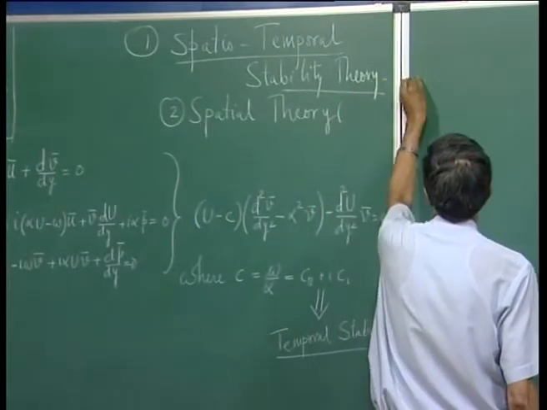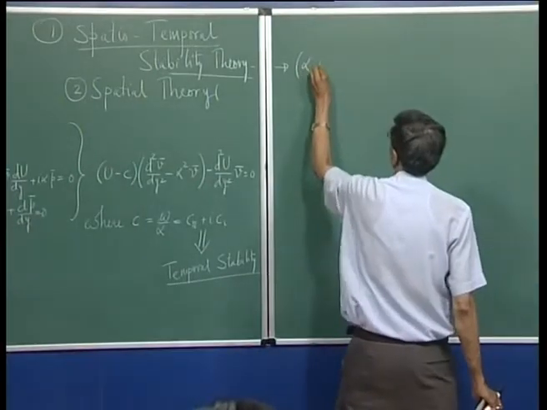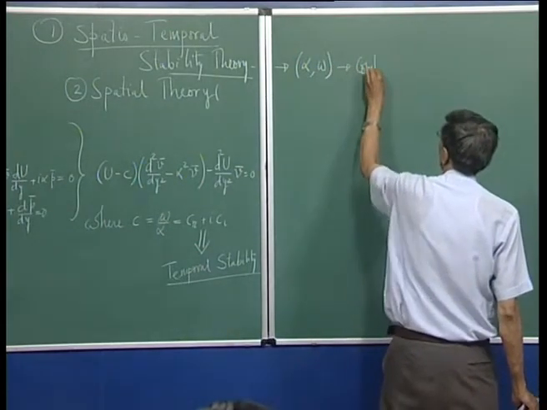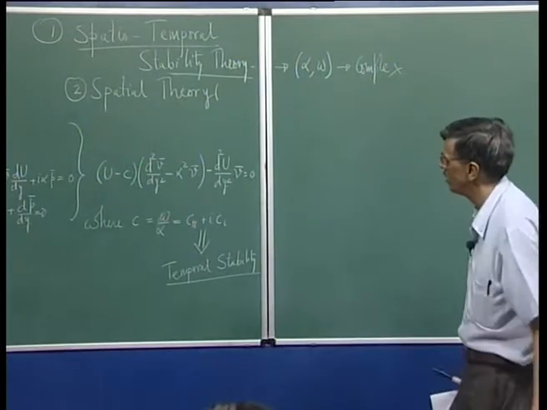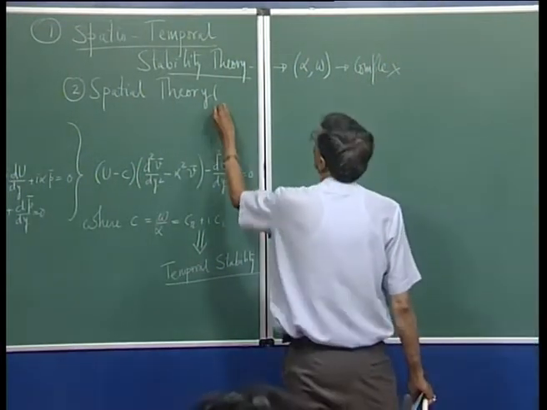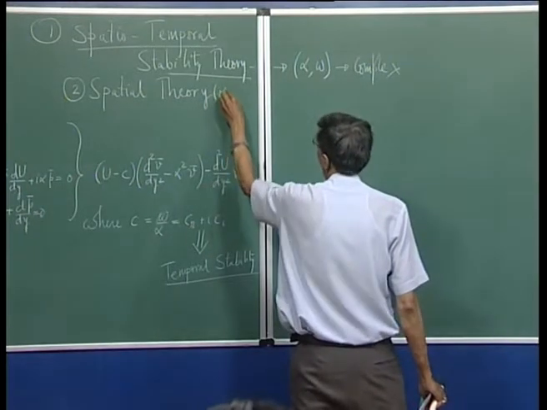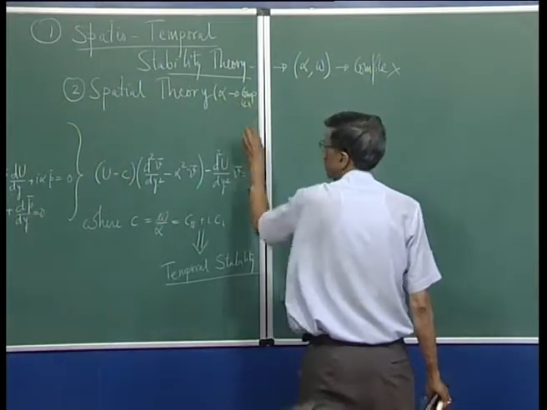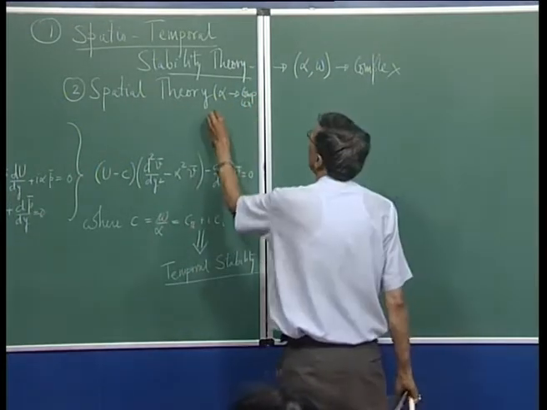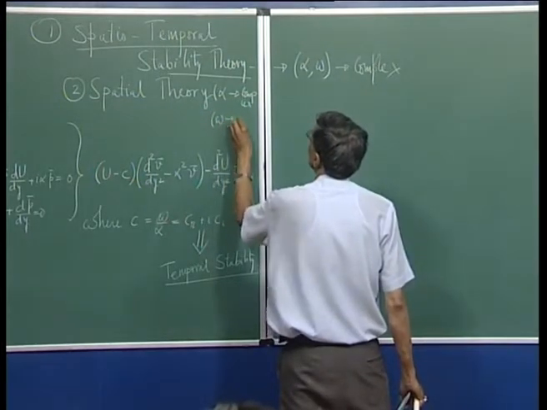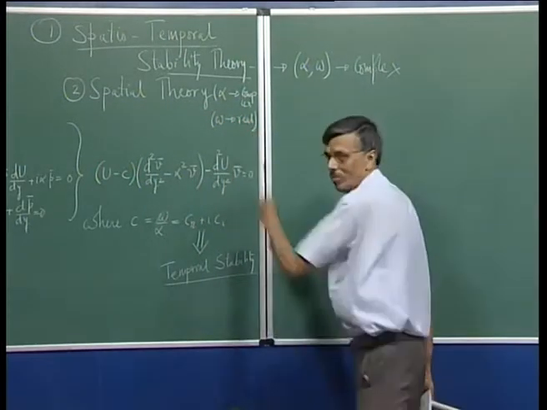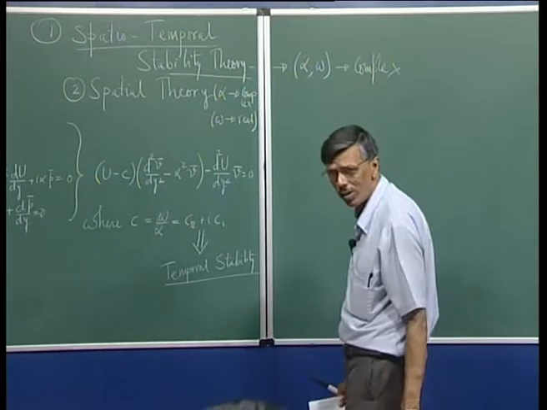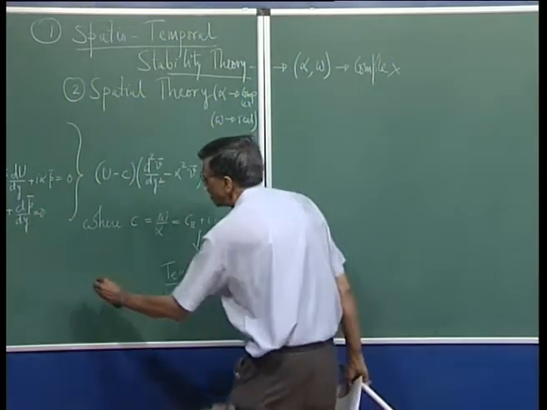For the spatiotemporal theory, alpha and omega are both complex. And for the spatial case, what we will find is alpha complex, while omega will be real. The third possibility is the temporal theory, and this is what we are talking about here.